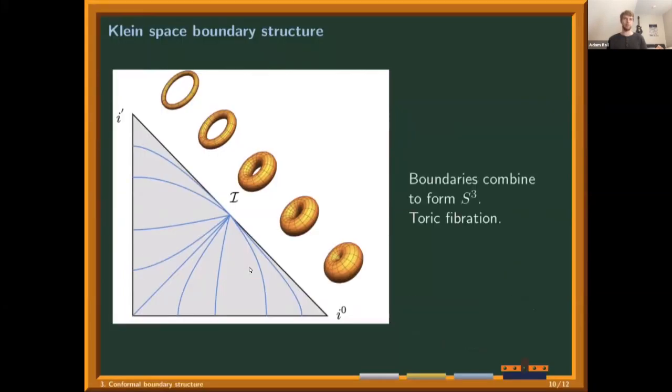So by the Poincaré conjecture, that just has to be a 3-sphere, which is a nice check. And then you can also see it more explicitly by noting that this construction constitutes a baby example of a toric fibration. So it's a cool surprise connection to a pretty different subject.